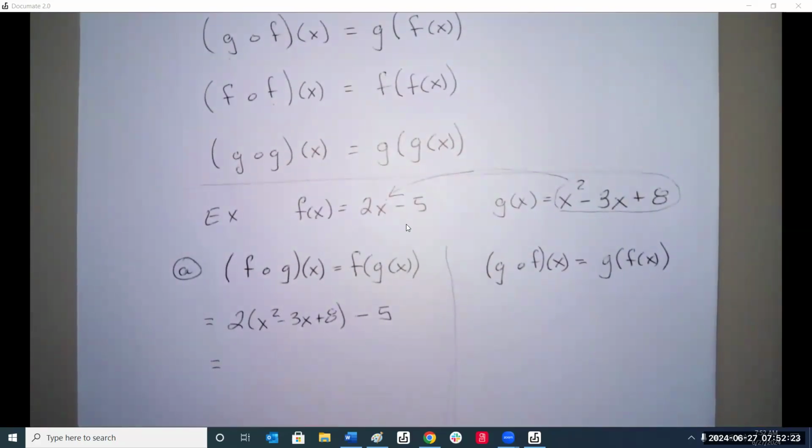Now we've got to simplify. We have to get rid of the parentheses, so we distribute. 2 times x squared is 2x squared. Positive times negative is negative. 2 times 3 is 6x. Positive times positive is positive. 2 times 8 is 16 minus 5.